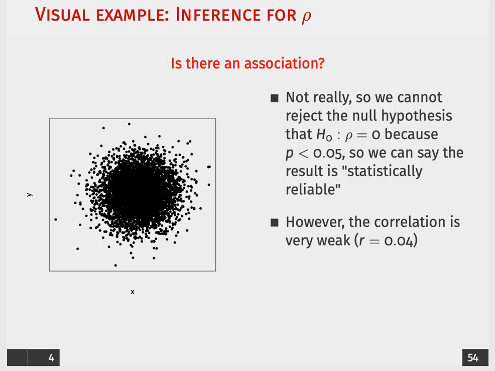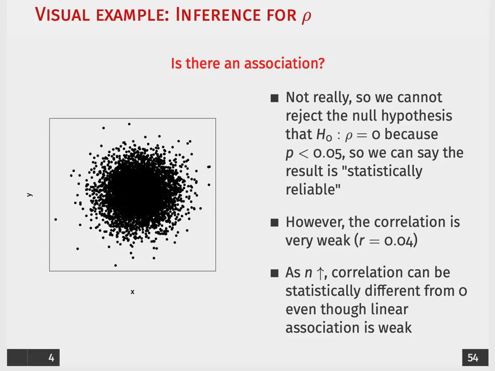It's only 0.04. So this drives home the point that there can be a weak association that is statistically reliable or significant, and we can also have a very strong relationship that is not statistically reliable.